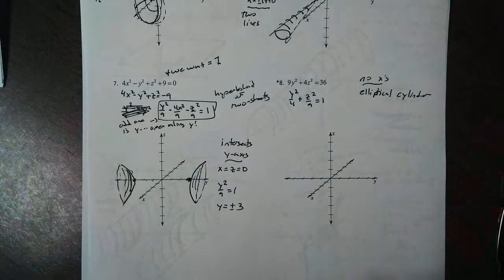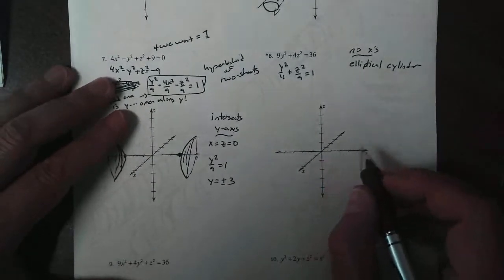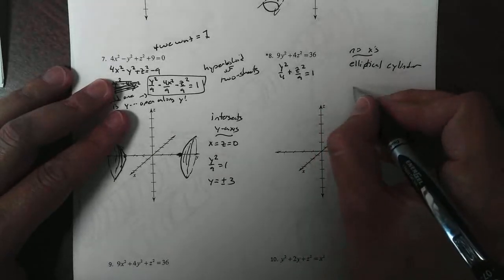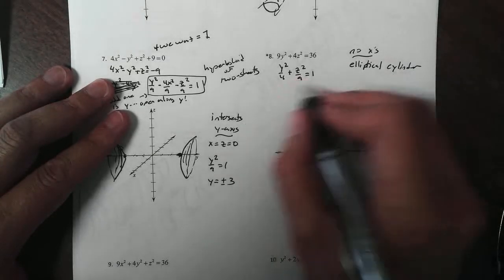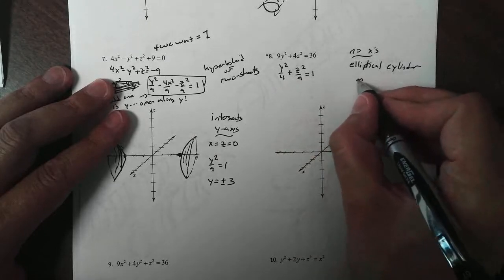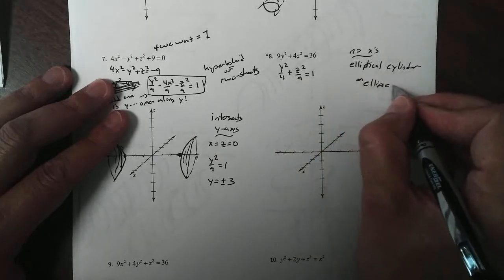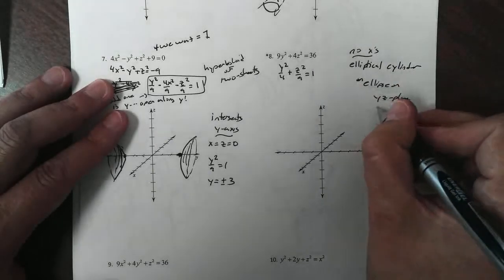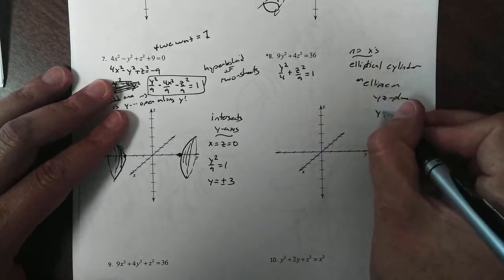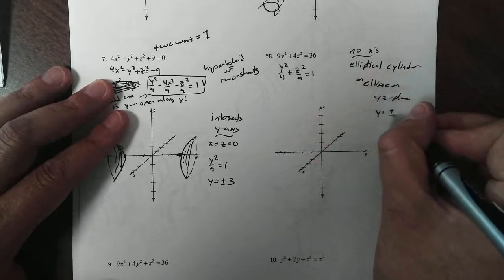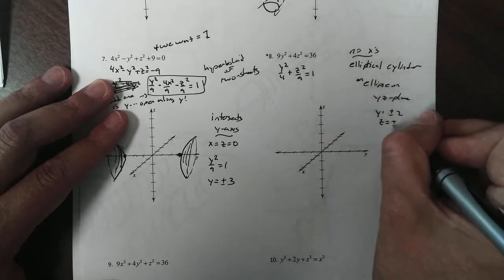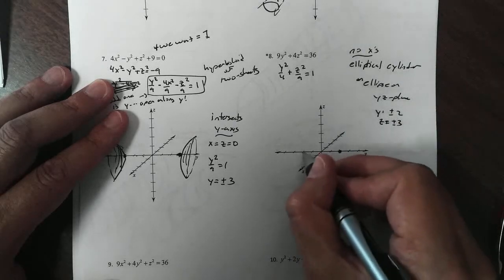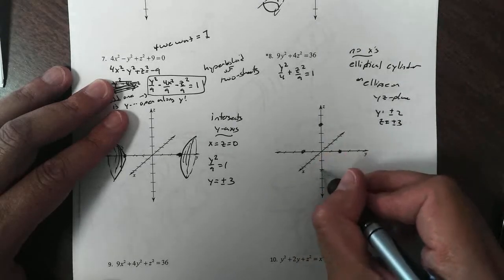And so to graph this, ready? Okay, so to graph it, we're basically on the YZ plane. So we're going to graph an ellipse on the YZ plane. So how do we do that? Okay, I know y on the y-axis is going to be plus or minus 2, and the z's are going to be plus or minus 3. So plus or minus 2 on the y's, plus or minus 3's on the z's.